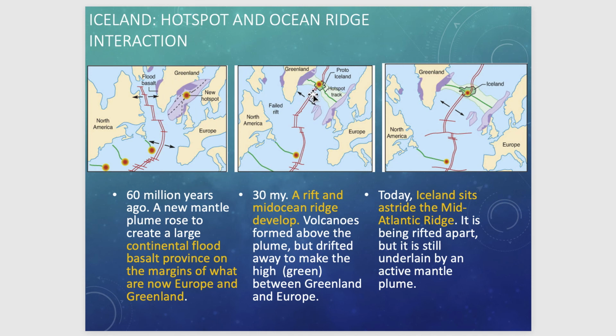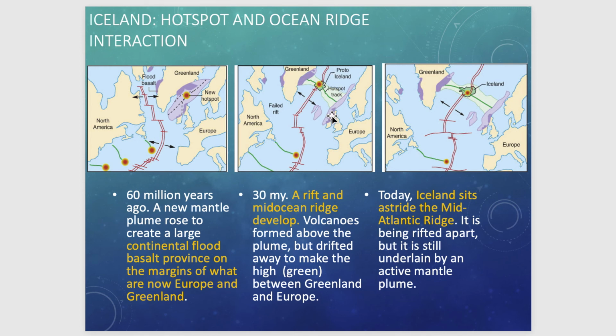And you can see in this second image at 30 million years that the switch has occurred, and we have this sort of bridge that connects these two basalt provinces, which are very similar. So we find the same basalts in Greenland and also in Europe, on the northern part of England, for example, and partly in Norway. And yeah, this is a good indication that this was a major spreading center.